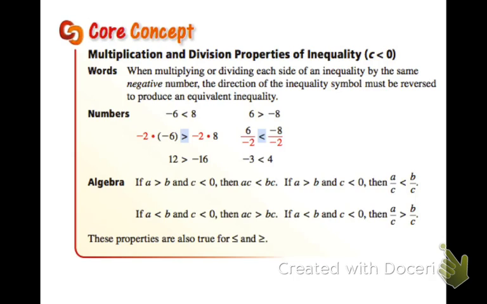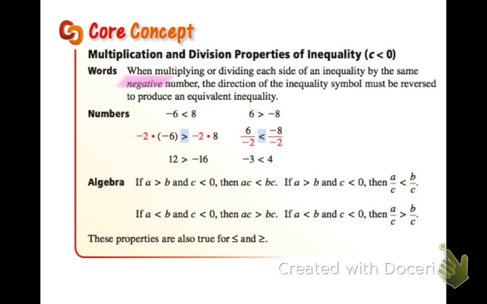When multiplying or dividing each side of an inequality by the same negative number, so this is the key word right here, negative number, it's going to change the direction of the symbol. We would reverse the symbol to produce an equivalent inequality. So you can see the numbers negative 6 is less than 8.